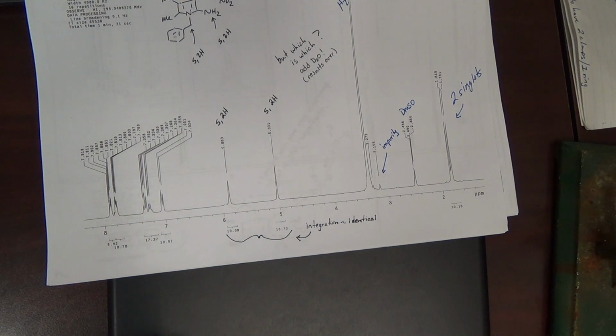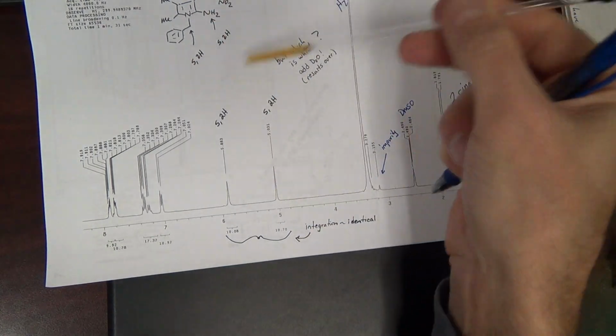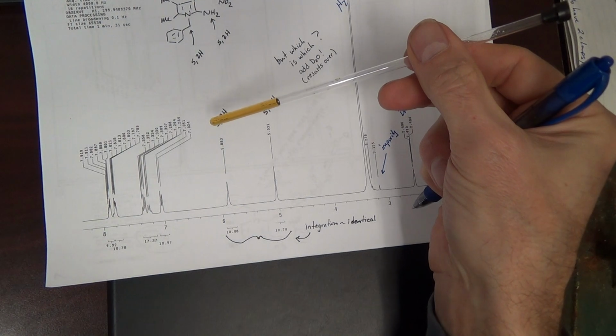The question can be, though, which one's the CH2 and which one's the NH2? We can answer this by doing a D2O shake. We run the NMR. Okay, this goes into the magnet. We run our NMR. We print it out.